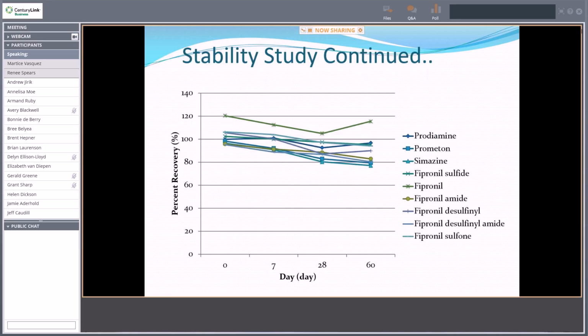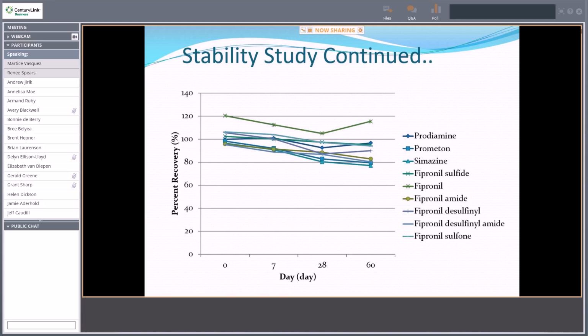For this particular subset of compounds, which includes the fipronils and the degradates, these compounds were stable on the cartridge out to day 60, and that was our last time point. We didn't go any further. But the worst performer was going to determine where we had to cut off the time course and set the ultimate holding time.